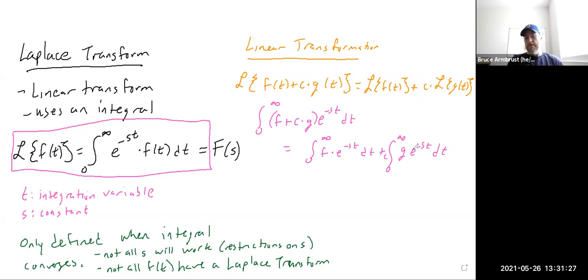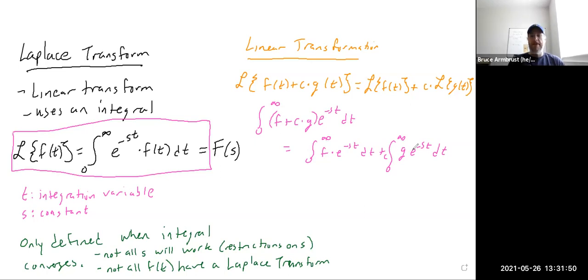Because of how it's designed, it is a linear transformation. And we like that, right? Linear transformations make everything easier.